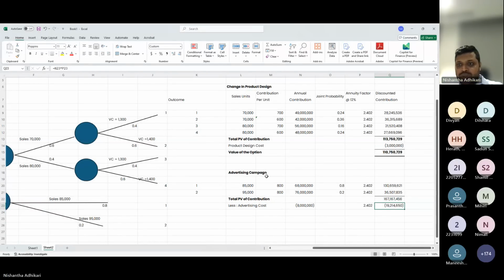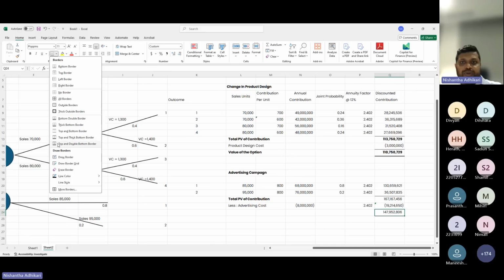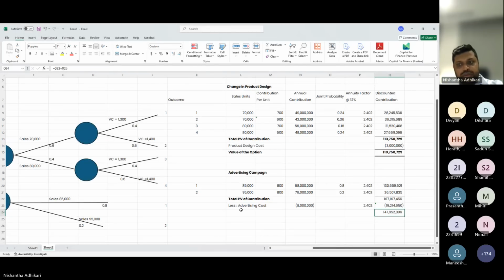Then you can take the total. 147 million is the net profit of the option.